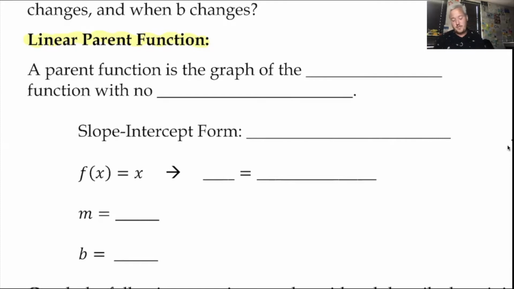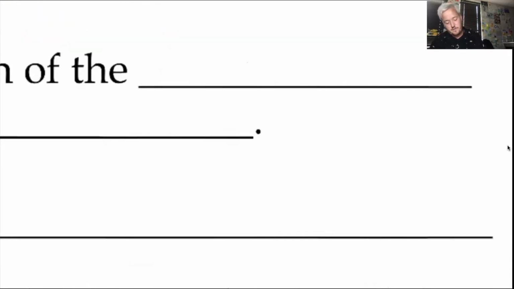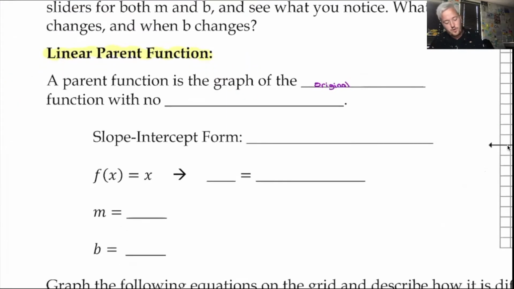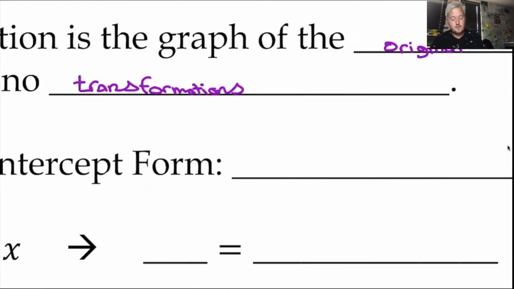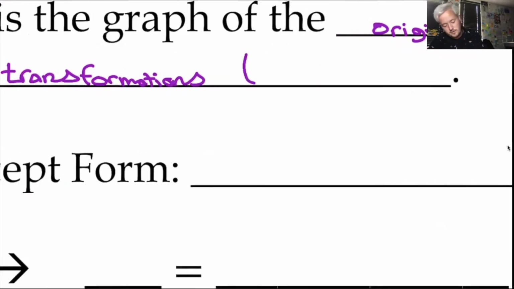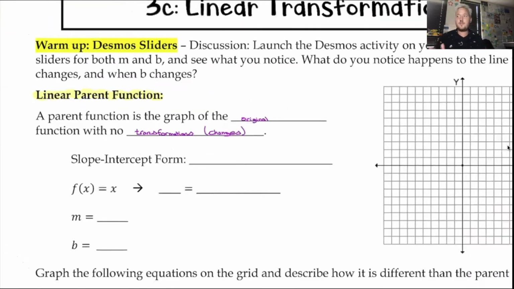A parent function is the graph of the original function with no transformations. When I say transformations, I mean no changes, no alterations, no substitutions, just exactly how it is.